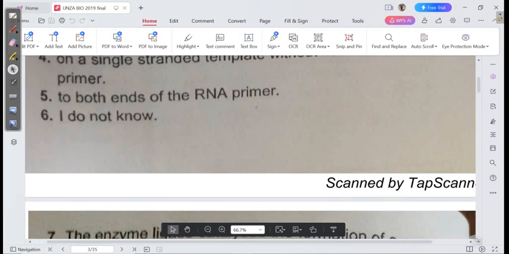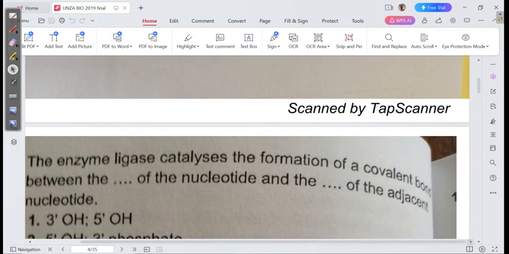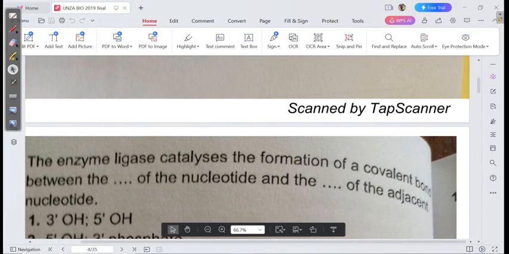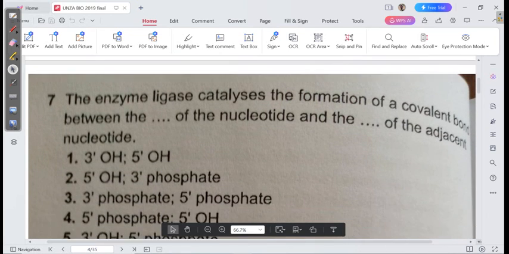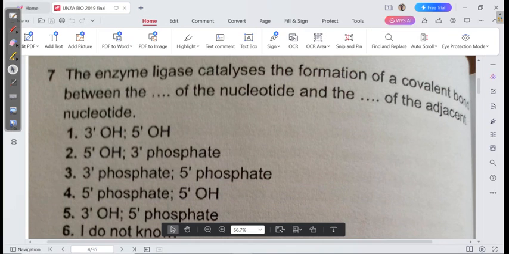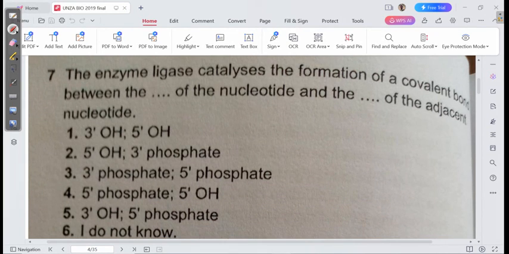Question 7. DNA ligase catalyzes the formation of covalent bond between dash of the nucleotide and the dash of adjacent nucleotide. So you can see here that we have 2 blank spaces, there and there. So your answer should also be with respect to these blanks. We are supposed to have 2 answers here. What is the correct option there?